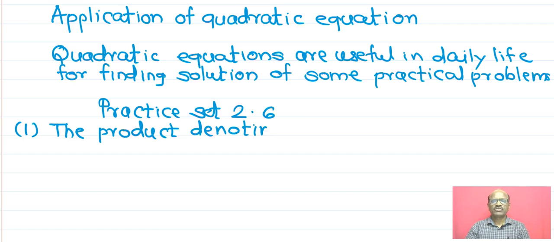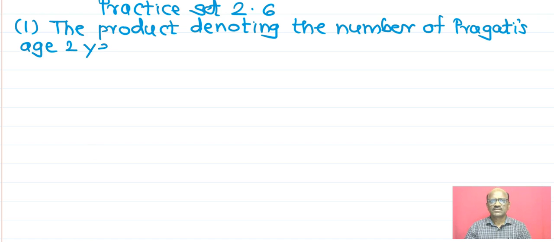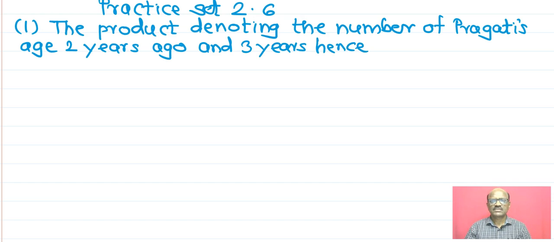The product denoting the number of Pragati's age 2 years ago and 3 years hence is 84.